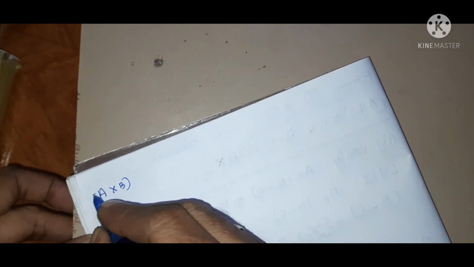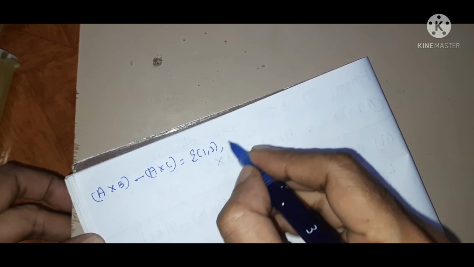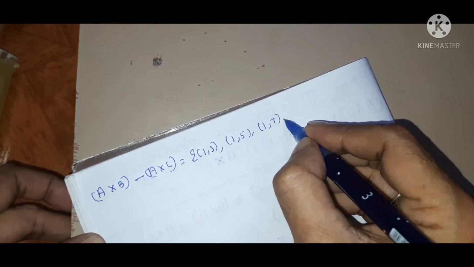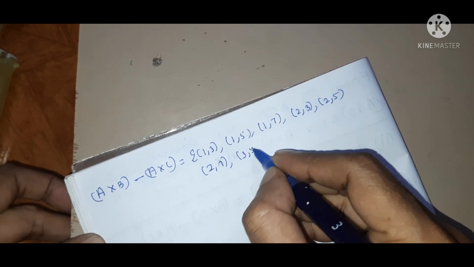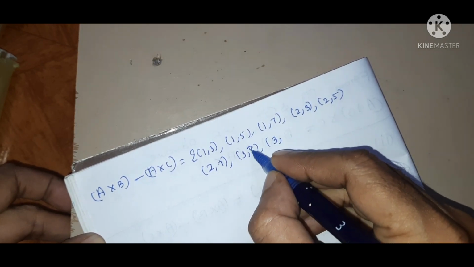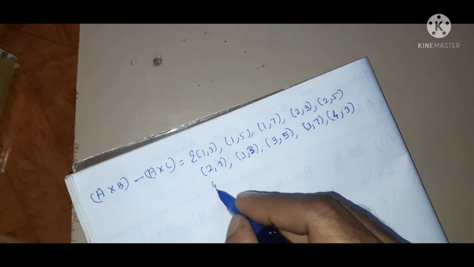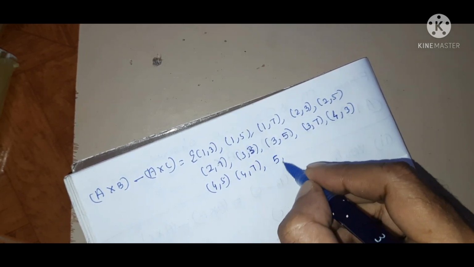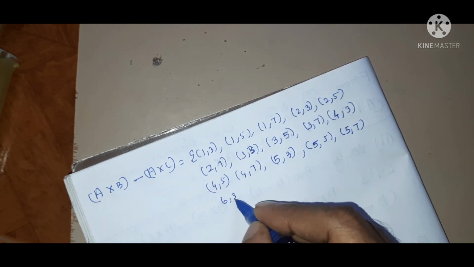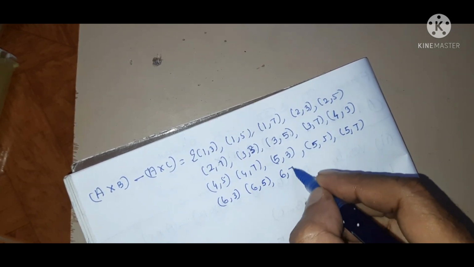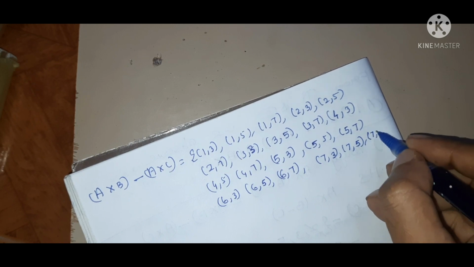A cross B minus A cross C is equal to (1, 3), (1, 5), (1, 7), (2, 3), (2, 5), (2, 7), (3, 3), (3, 5), (3, 7), (4, 3), (4, 5), (4, 7), (5, 3), (5, 5), (5, 7), (6, 3), (6, 5), (6, 7), (7, 3), (7, 5), (7, 7).